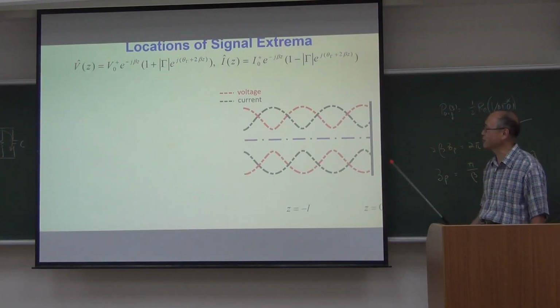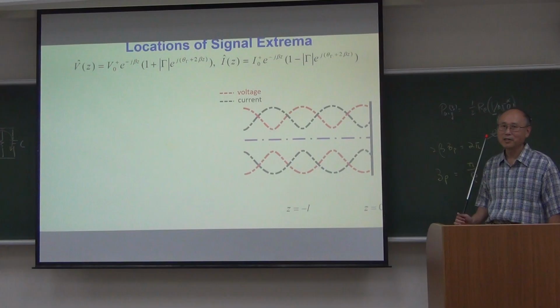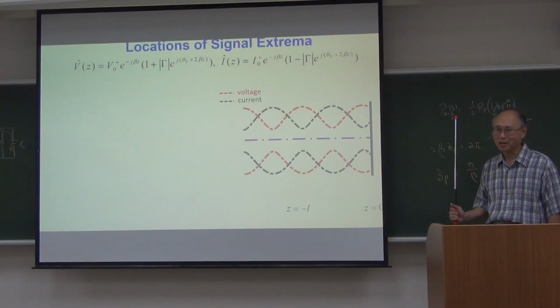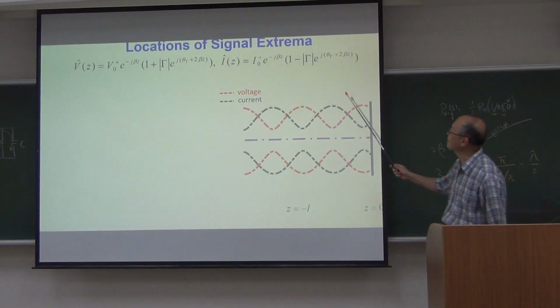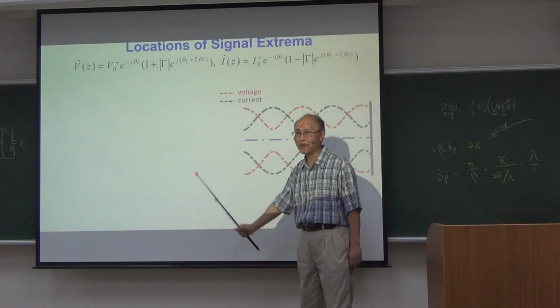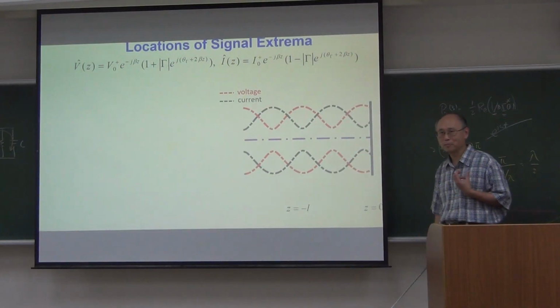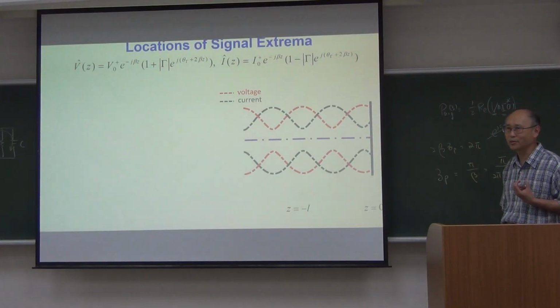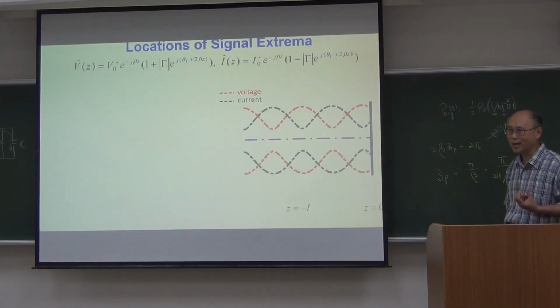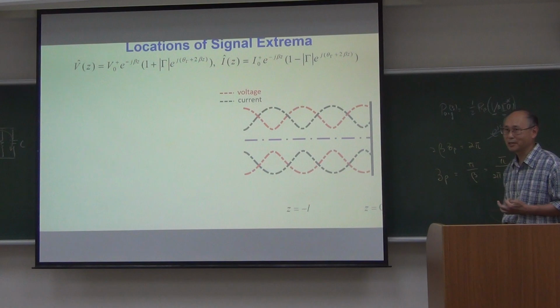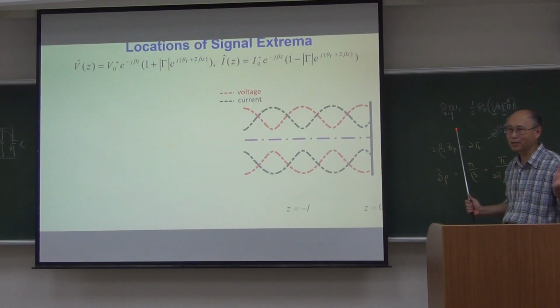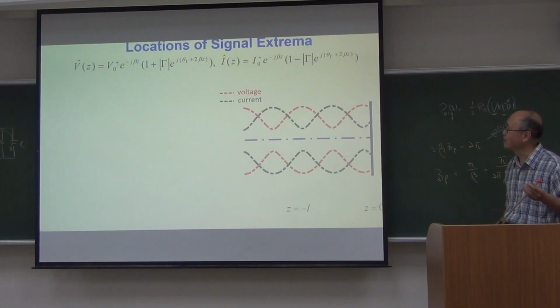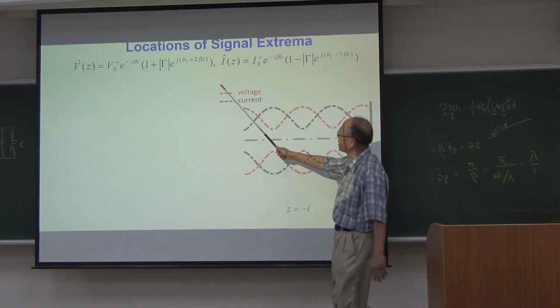If you want to know exactly where the voltage maxima or voltage minima are, you need to go to the formula. The formula is the precise tool for calculating precise information. Once the basic concept is right, then you pursue precise results.